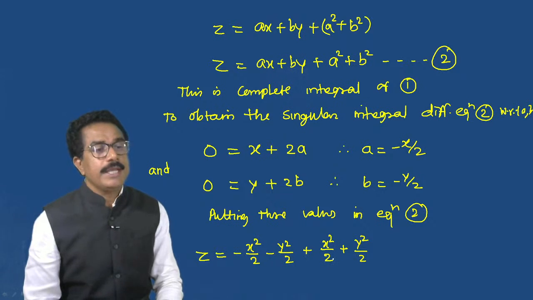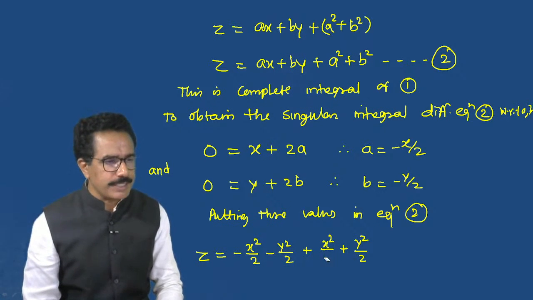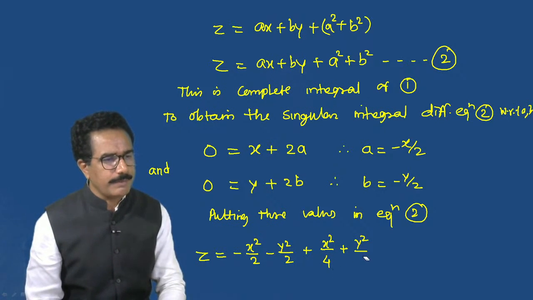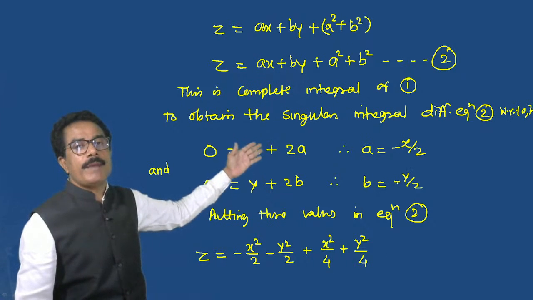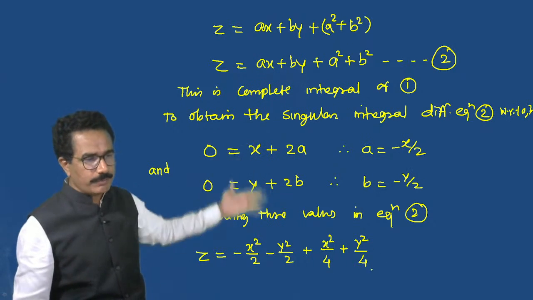A square means minus x by 2, its square is x square by 4, and B square means minus y by 2, its square is y square by 4.